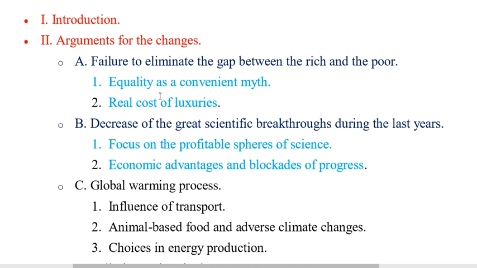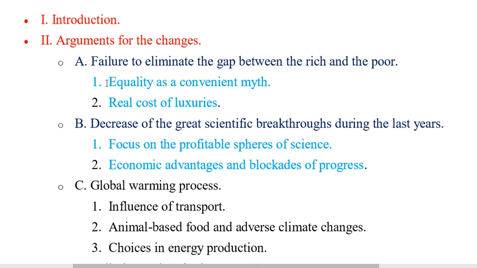And we have to remember this, that once we are clear with heading section A, we cannot jump into section B. First, divide, for example, chapter 2, main chapter, and these are the main headings of chapter 2, A and B and C. But when you are going to write an outline, be sure that you should first clear the A. For example, failure to eliminate the gap between rich and the poor.